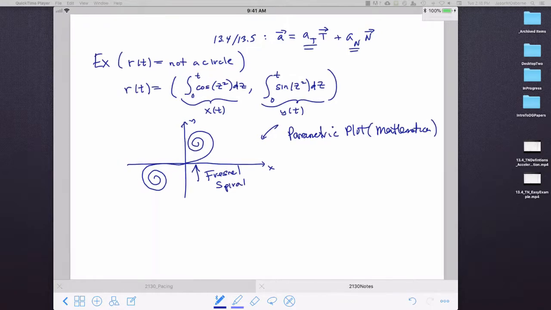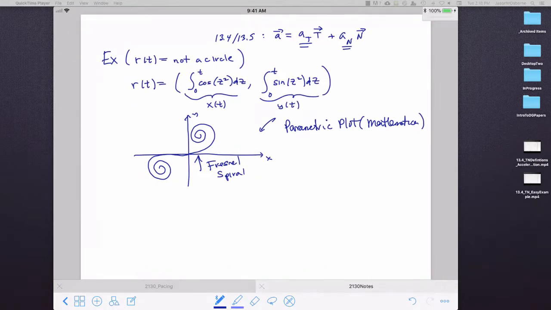Even though the curve itself looks rather challenging, let's remind ourselves that to find, say, the velocity vector v of t, we take the derivative of the x and y entries, and the way you do that is by using the fundamental theorem of calculus.